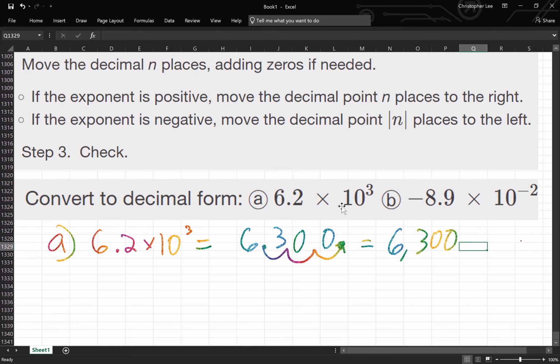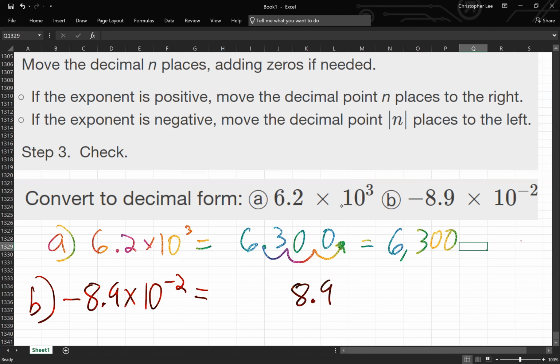All right, let's check out B. So for B, I have negative 8.9 times 10 to the negative 2 power. Now I notice that my power on the 10 is negative 2, so I'm going to move that to the left. Let's check that out. I'm just going to write down the 8.9. We'll put the negative at the end. So I have 8.9, and I want to move that 2 spaces to the left. So 1 and then 2, right here.